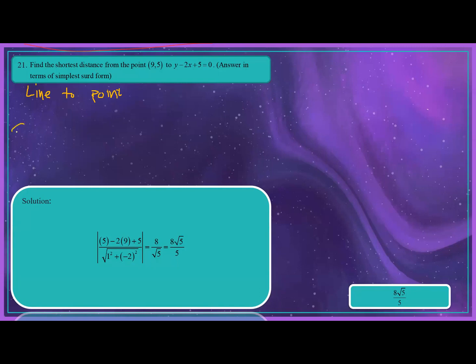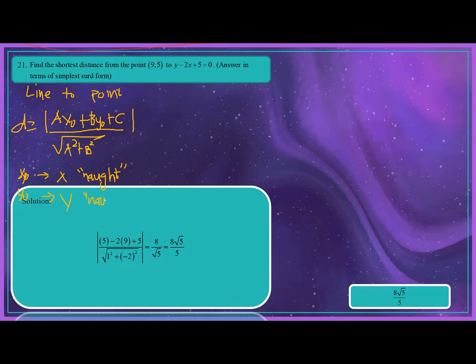Basically, the shortest distance between a line to a point or point to a line is just the same. The formula here is the absolute value of a times x sub 0 plus b times y sub 0 plus c over the square root of a squared plus b squared. Fun fact, x sub 0 is also called x naught, and this is y naught, in case you're asked.